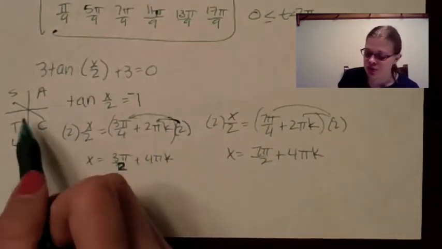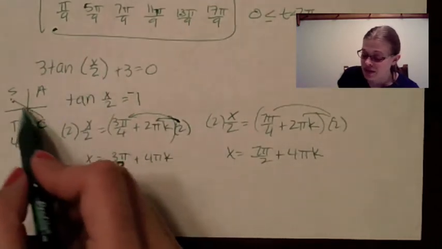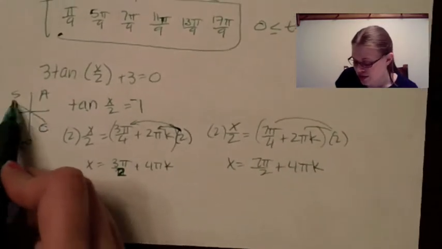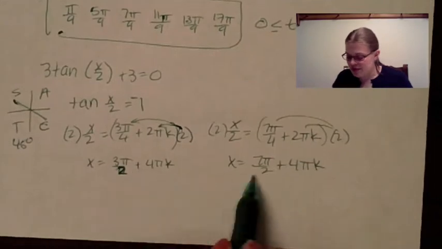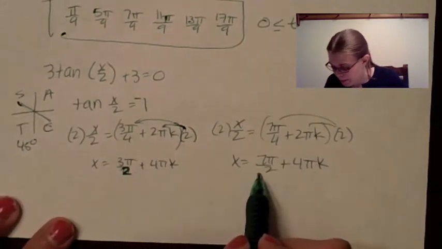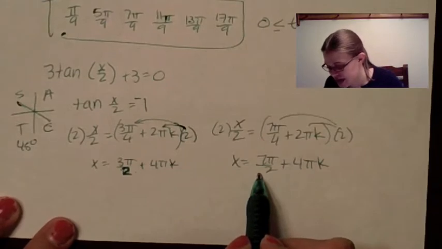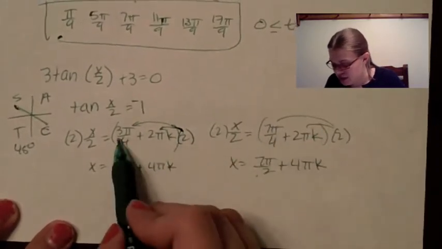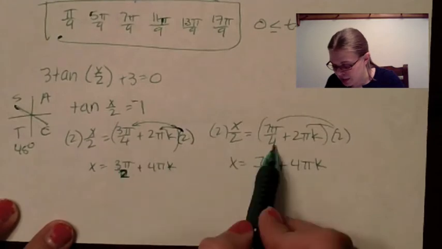That would be another case where you could use it with sine and cosine. But with the tangent, notice these are pi apart. So rather than write 2 answers, I can say that these 2 answers are really pi apart.